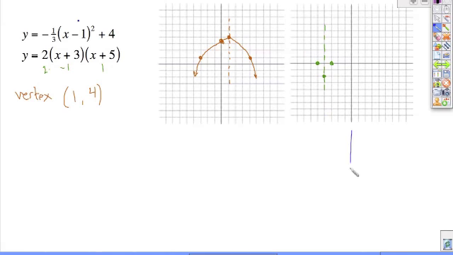And we can actually very quickly graph the rest of this. We know that this is based off of the parent function y equals x squared. And there's a very nice pattern for y equals x squared. 0 squared is 0, 1 squared is 1, 2 squared is 4.